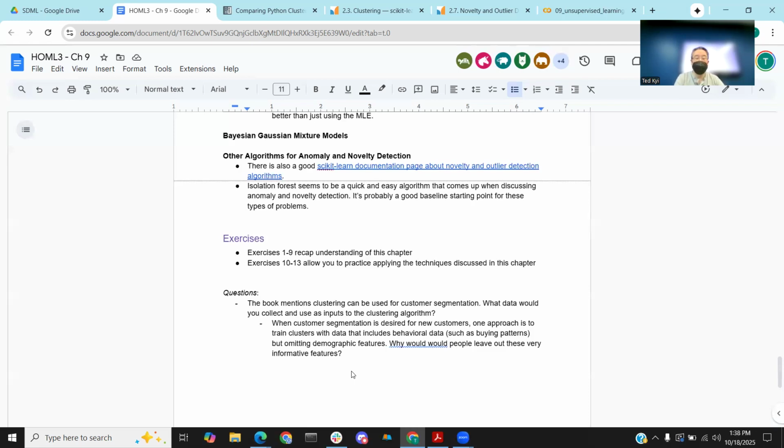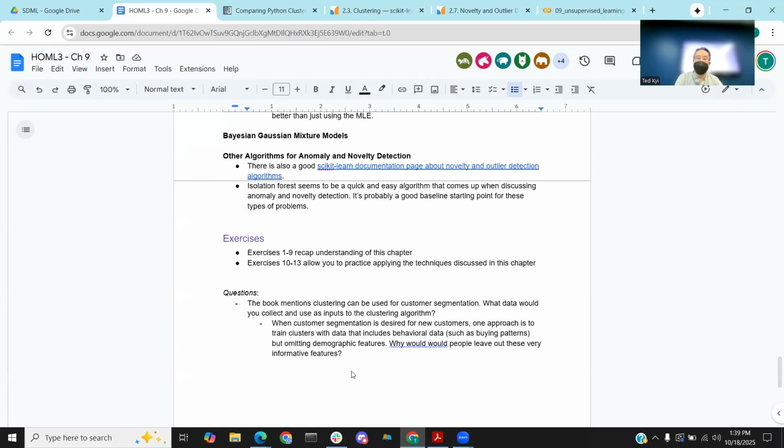And in particular, if you were doing customer segmentation for new customers, one approach that people use is they train the clusters using all the behavioral data. Like, how much do people spend and how often, and so on.